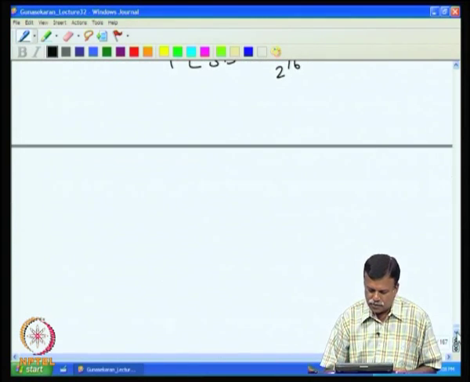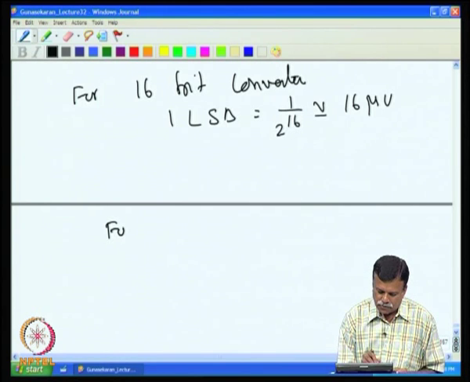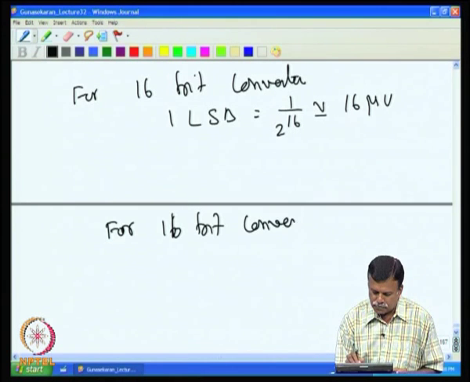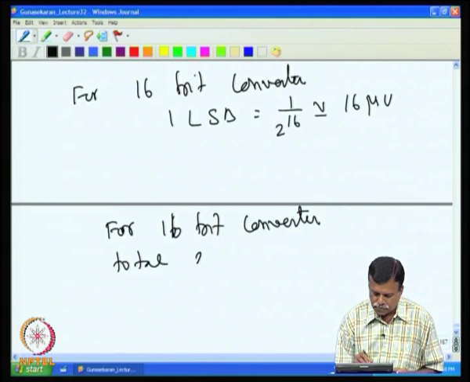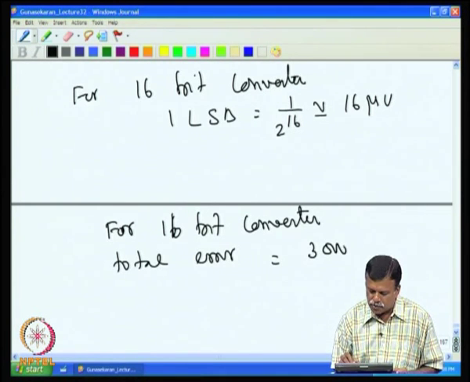So, for a 16-bit converter, total error would be 3000 divided by 16 LSBs.